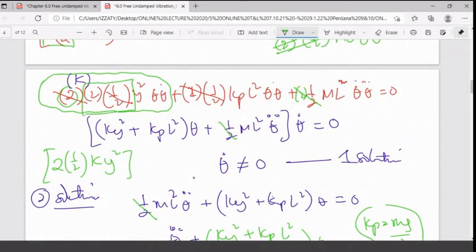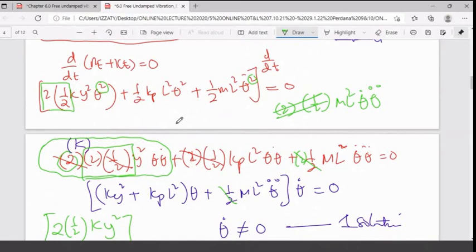Hold on, where did I go wrong? You have theta square here. This one, I missed one theta square here, because my writing pad is sometimes not active.